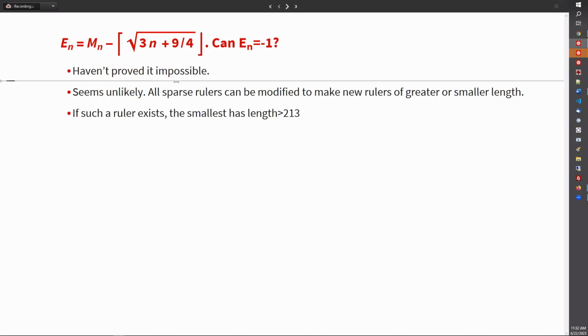One thing I didn't cover in the proof is whether the excess value can be -1. We haven't been able to prove that's impossible, but it seems highly unlikely. And if such a ruler exists, it has a length of greater than 213. Each of these solutions, when they're really good, causes a big splash.